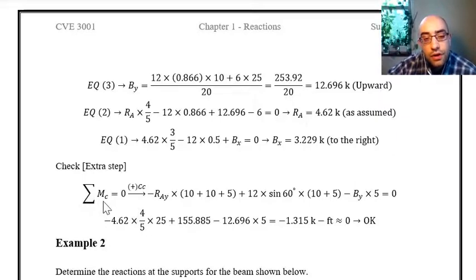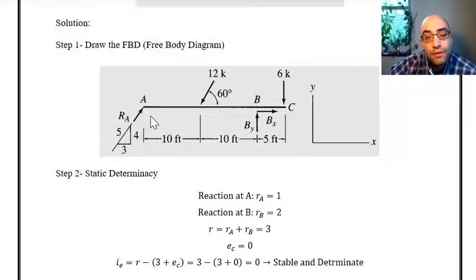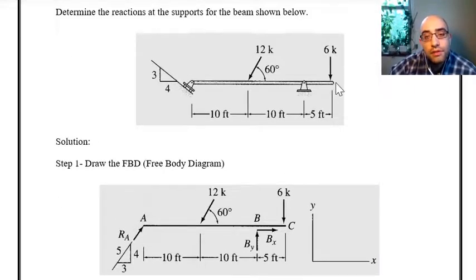In this case, I wrote the additional equation as summation of moments about another point other than point A that I used earlier. About another point is equal to 0. So over here, I said summation of moments, this time about point C equal to 0, which is right because point C is a free point.